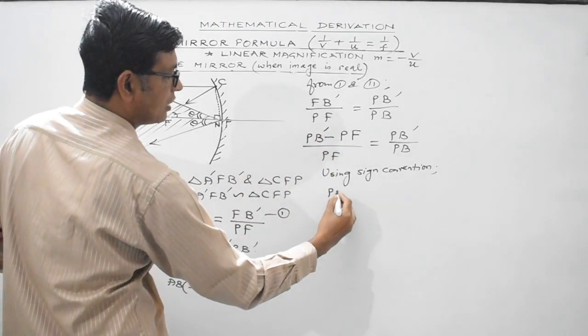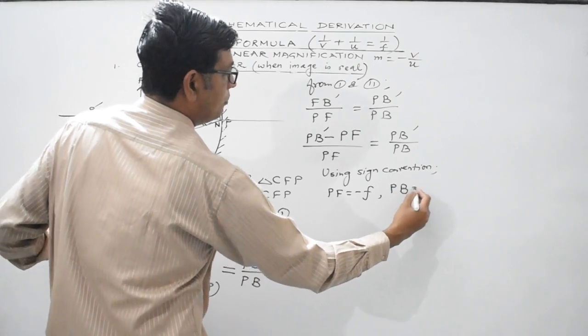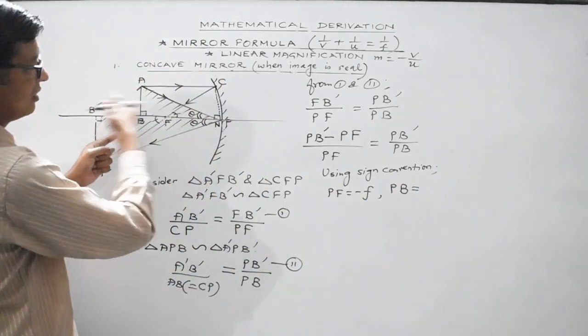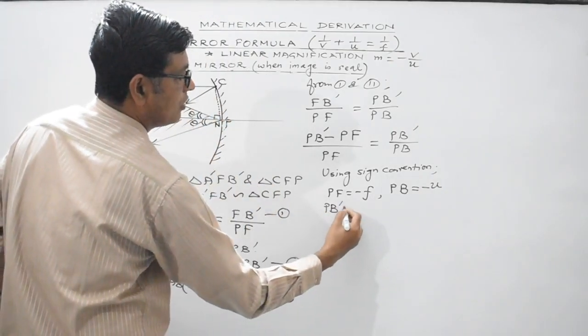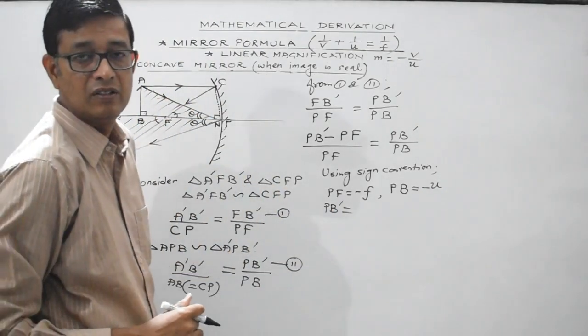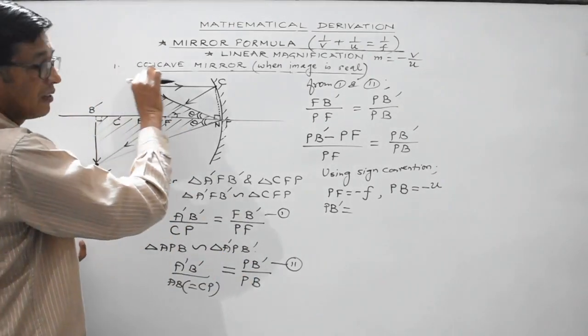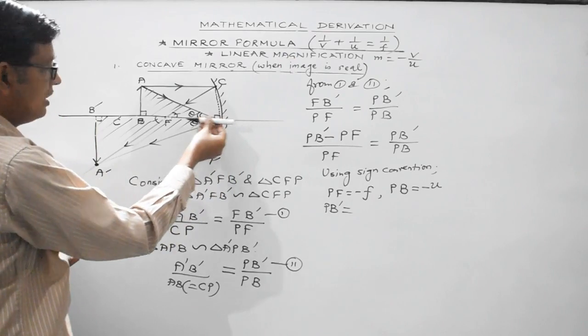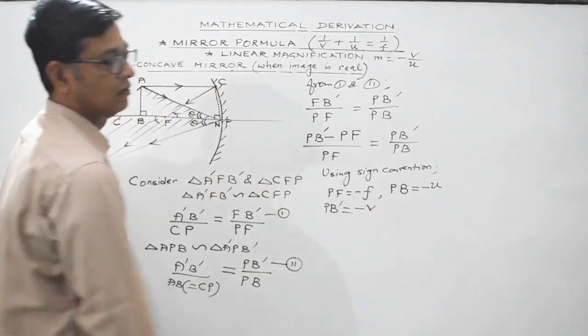So the focal length of a concave mirror, you all are aware, is negative. PB, that's the object distance, again negative. PB', a real image is obtained. The distance of the real image in case of a mirror is always negative. Look, the incident ray is traveling from left to right. PB' is measured from right to left. So it is minus V, right?